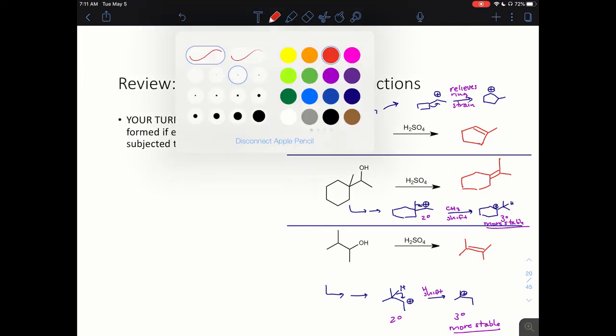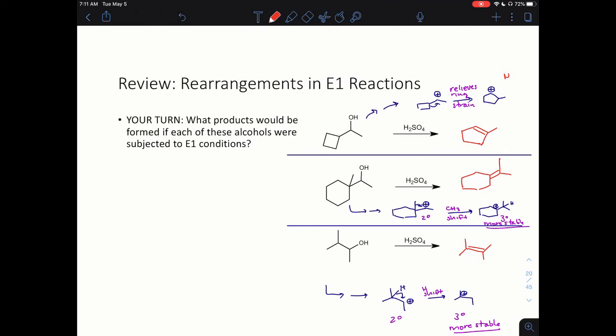And now instead of some nucleophile X minus attacking the carbocation for coordination, we're going to have elimination. And we're going to have elimination to generate the more stable alkene. So even elimination will generate the most stable, so the most substituted alkene. When you have a choice, that's what you should do, because that's what nature does.